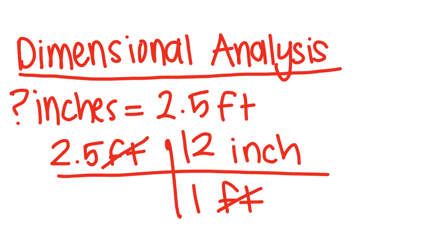My feet cancel, and then I just multiply straight across: 2.5 times 12 is 30. That's a really basic way to look at it.